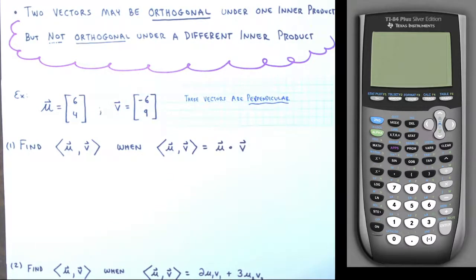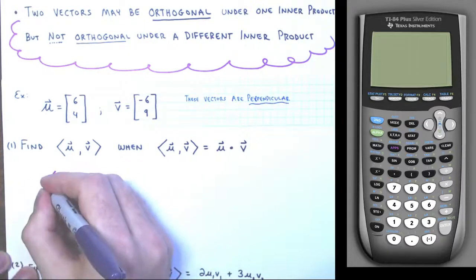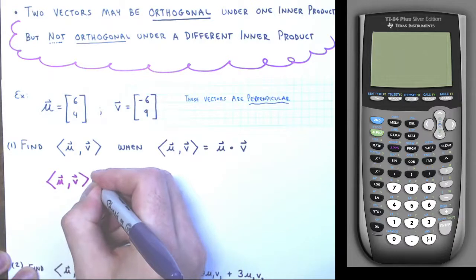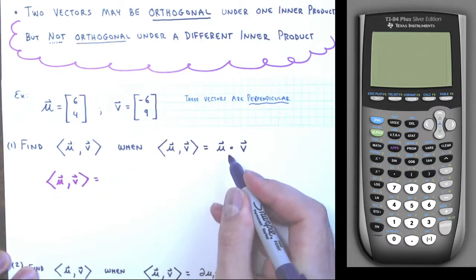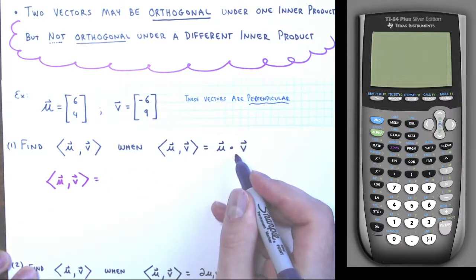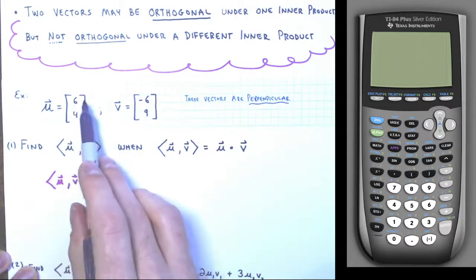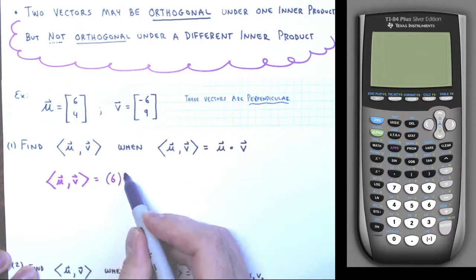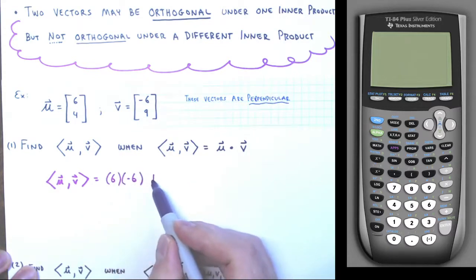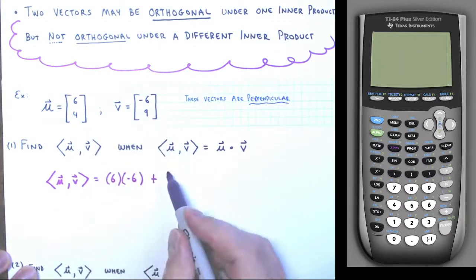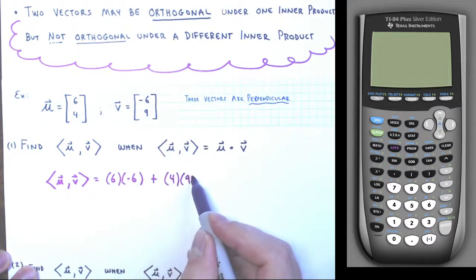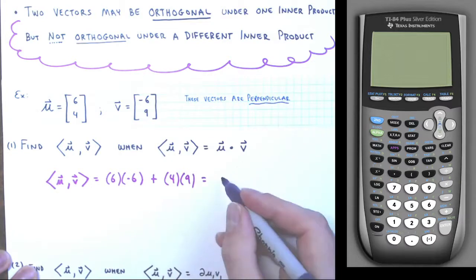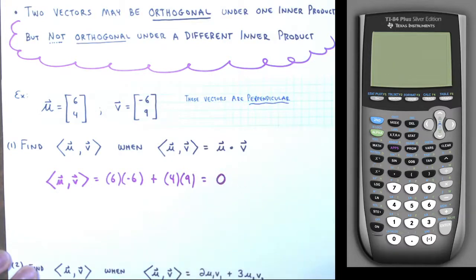So the inner product of u and v, under this rule where the inner product is the dot product, is the product of the first components, 6 times -6, and add to that the product of the second components, 4 times 9. That's -36 plus 36. That is indeed 0.